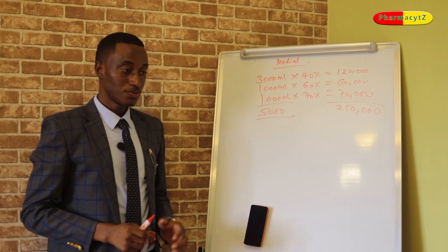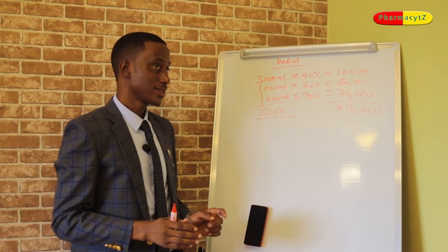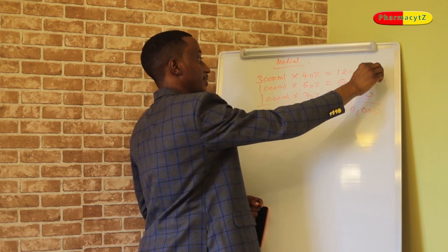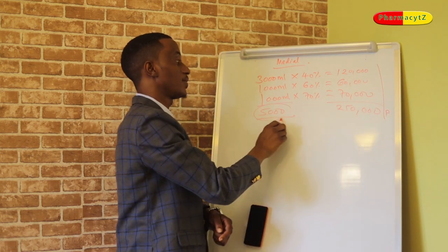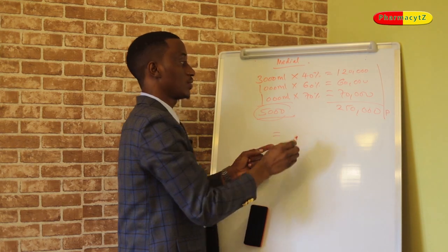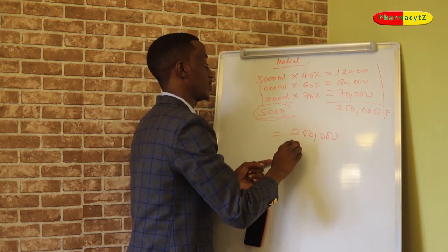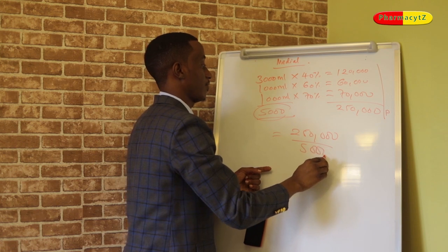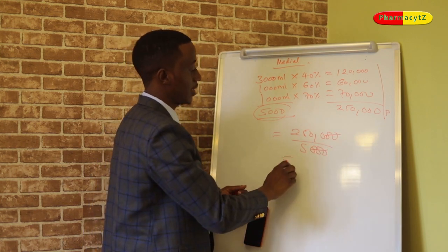So as I said, to obtain the final percentage strength, take the sum of the product divided by the sum of the quantity. So this is equivalent to 250,000 divided by 5,000. Then what do we get here?